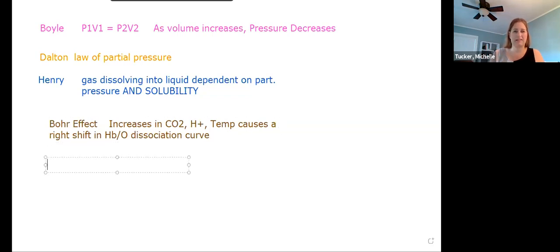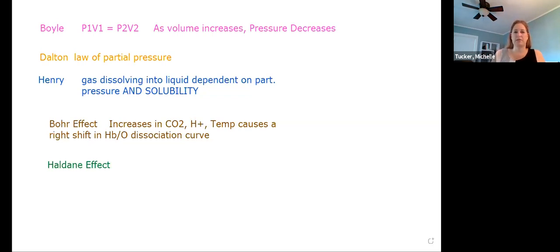Our last, I think it's our last one, effect is going to be the Haldane effect. Okay. This allows oxygen to be unloaded where it's needed most. Carbon dioxide is transported in the blood in 3 forms.